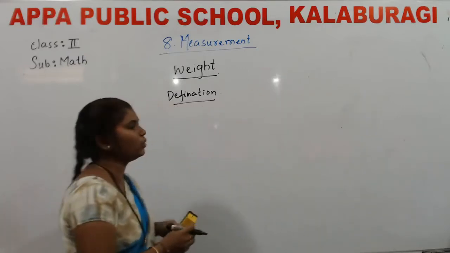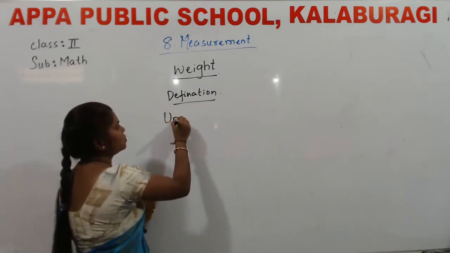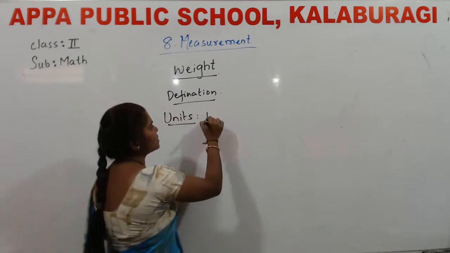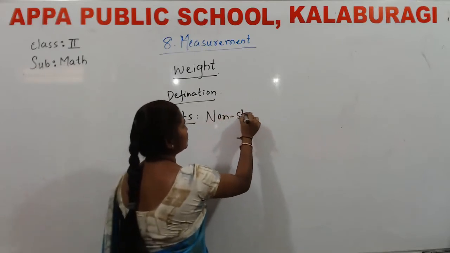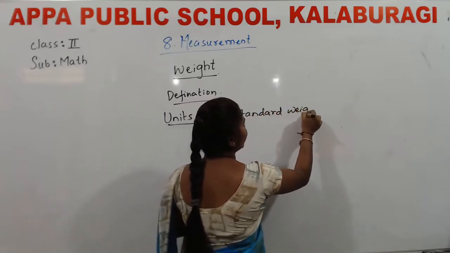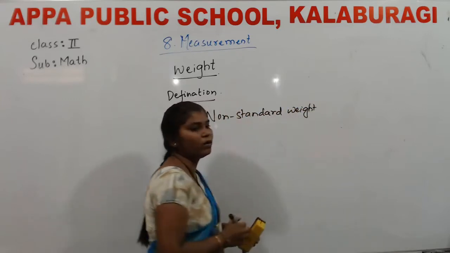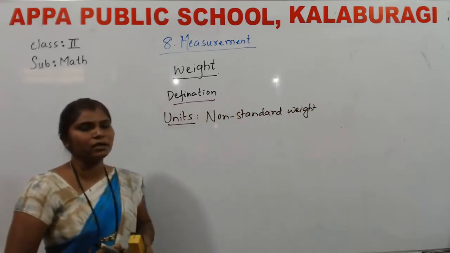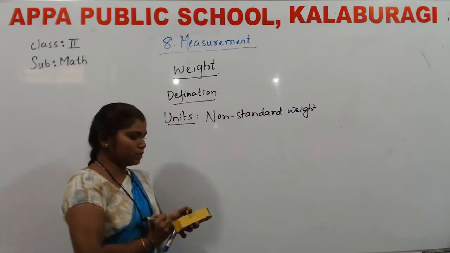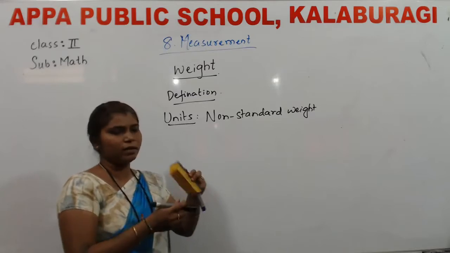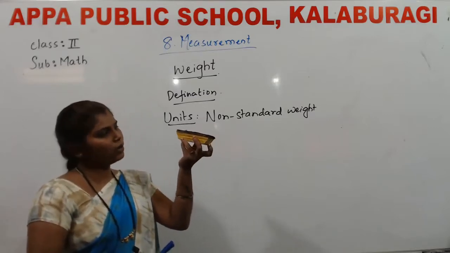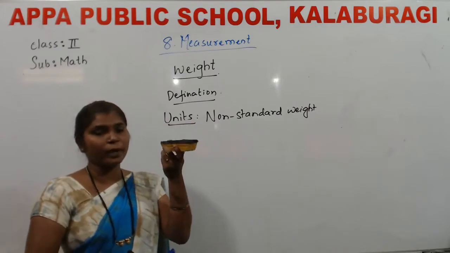Now, what are the units to measure weight? Before, in early days, we were using non-standard units to measure weight. Suppose I have got a duster. How do I measure the weight of this duster?